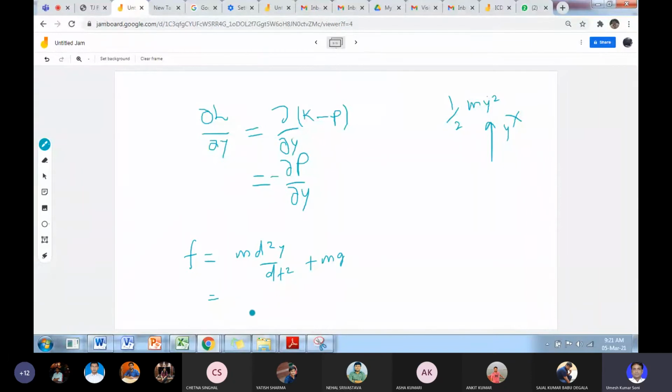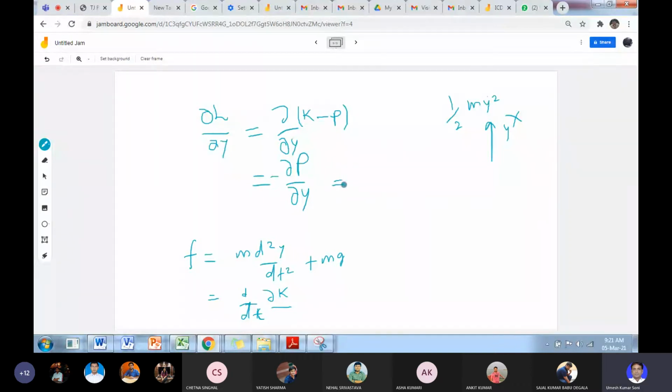Okay, so here this is given by d by dt of this complete term, del k upon del y dot, minus this, which will be equal to minus mg.